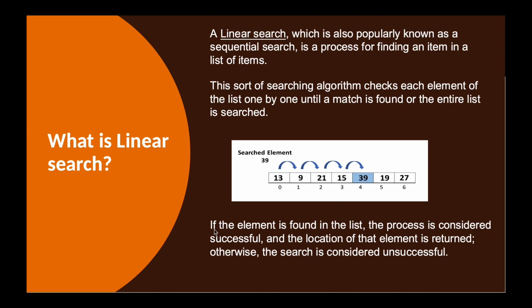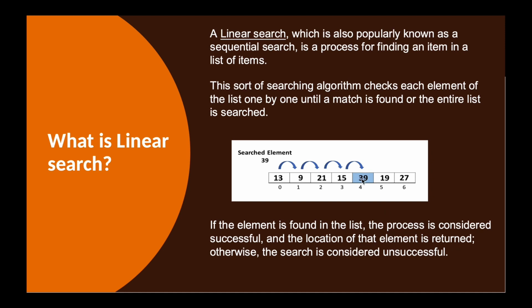If the element is found in the list, the process is considered successful. So the search element is 39. If it searches and arrives at 39, it means that the process is successful, and the location of that element is returned.